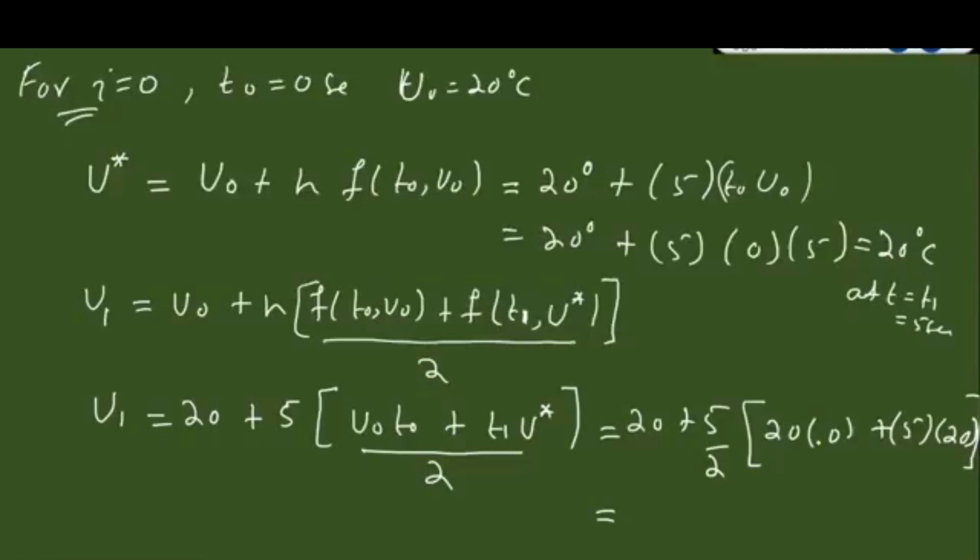So this part goes to 0. This will be 2, 10, 10 into 5, 50, something like that.